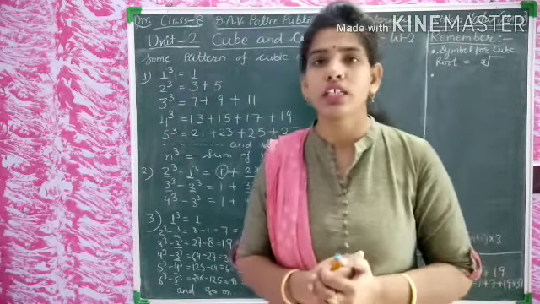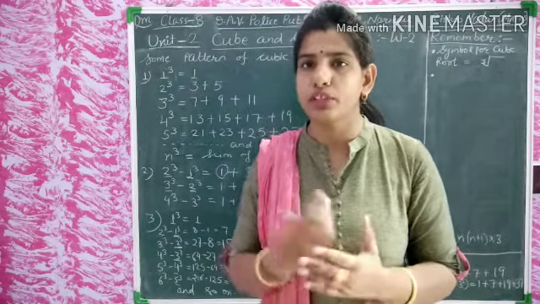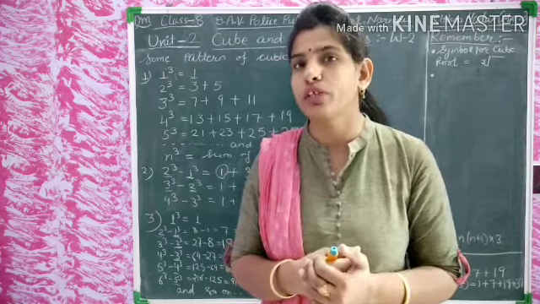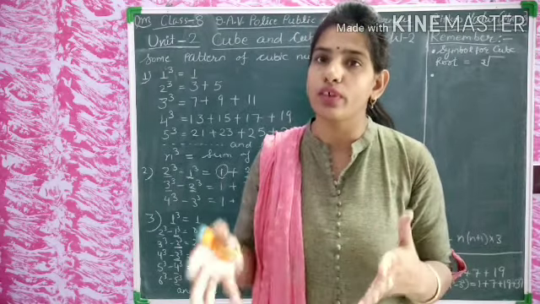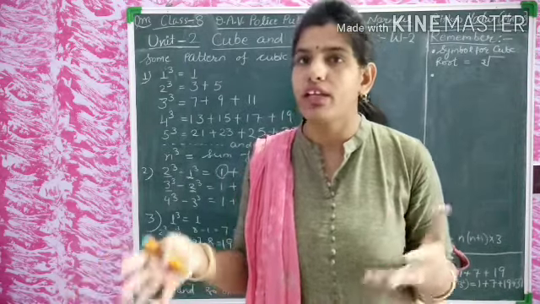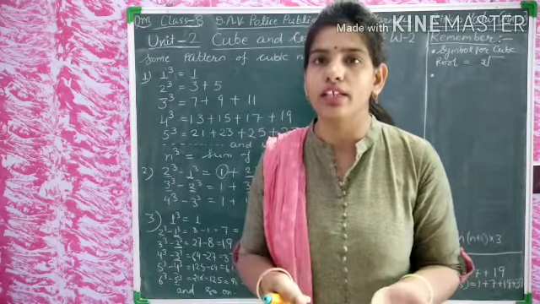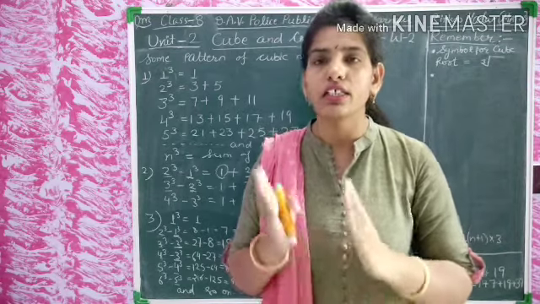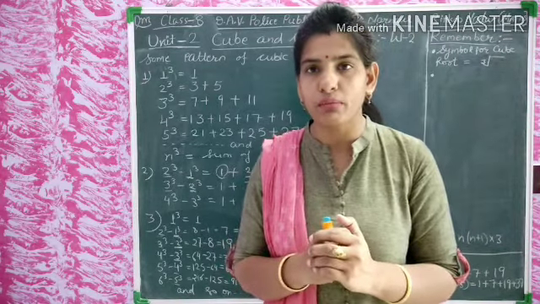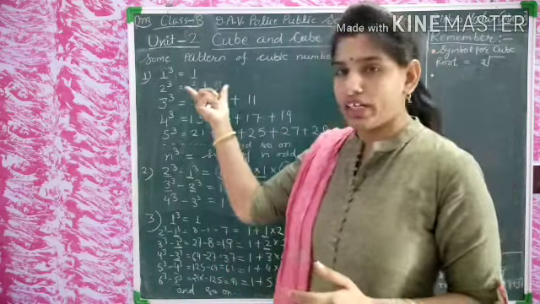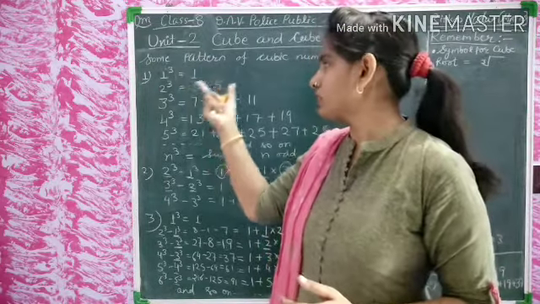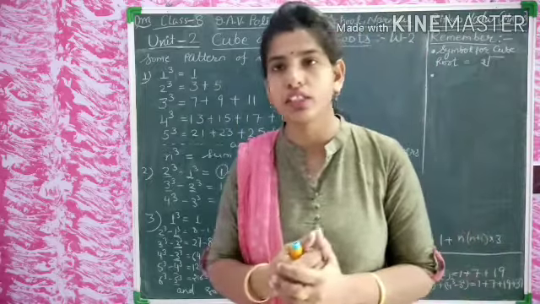So students, you will not find numbers greater than 8, because we have to find numbers whose sum is equal to 8. So we will find all the odd numbers less than 8, that is 1, 3, 5 and 7.